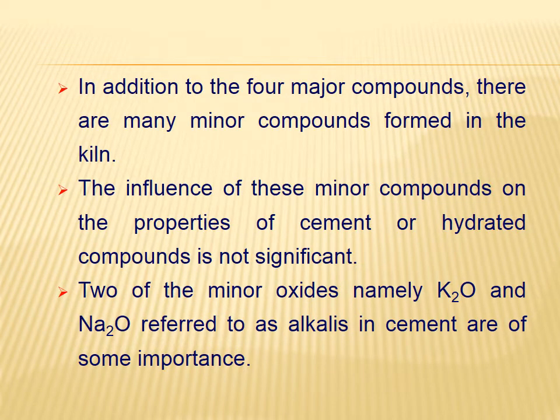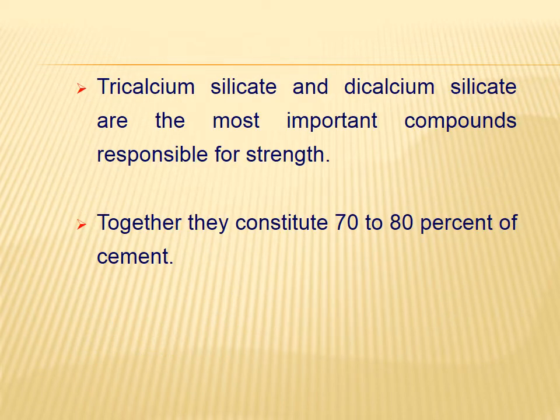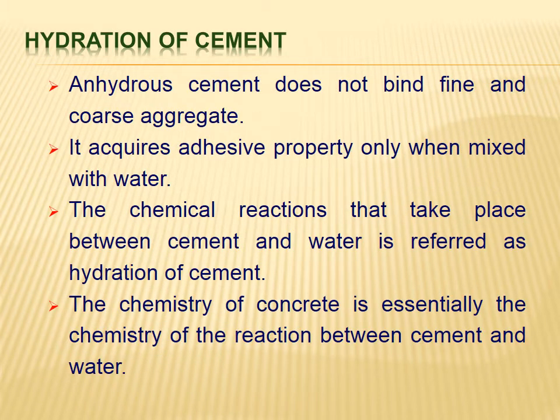In addition to this, other compounds are also formed. Those are minor compounds. Their influence on the properties of concrete is minor. Hydration: the chemical reaction that takes place between cement and water is called hydration of cement.